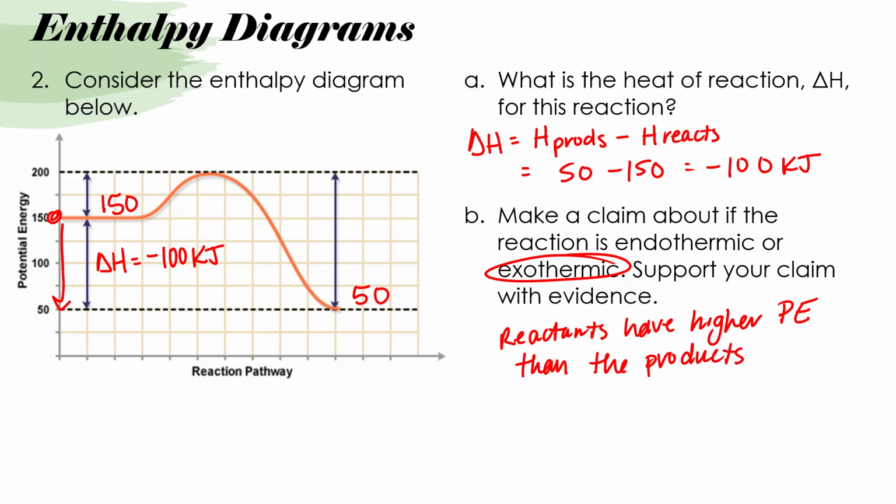This means that some energy must be released during the reaction. So this is going to be exothermic. As evidence to support that, we know that the enthalpy of the reactants is 150 and products is down to 50, so that's a negative 100.